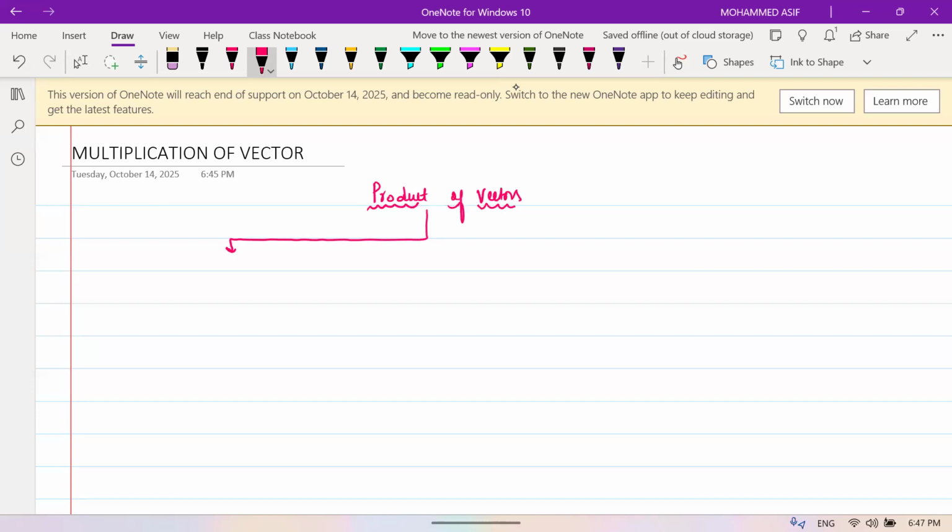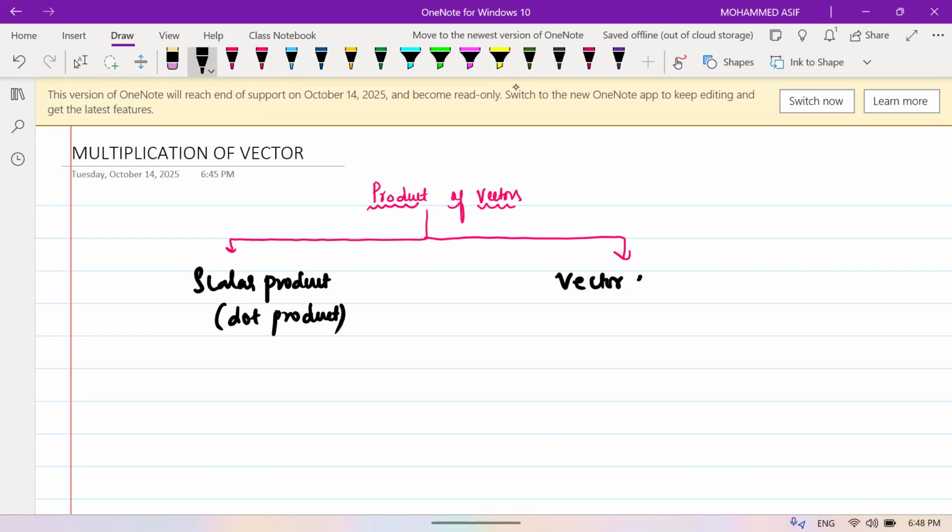One is known as the scalar product, also called the dot product, and another, very important one, is the vector product, also called the cross product.